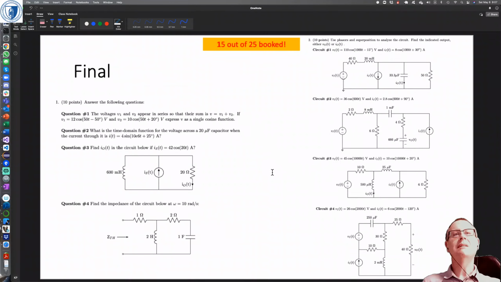The final is available, and it's a little different from the midterm, but not too much. The main difference is this time I've given you numbers for everything, so you should be able to grind out your solutions.